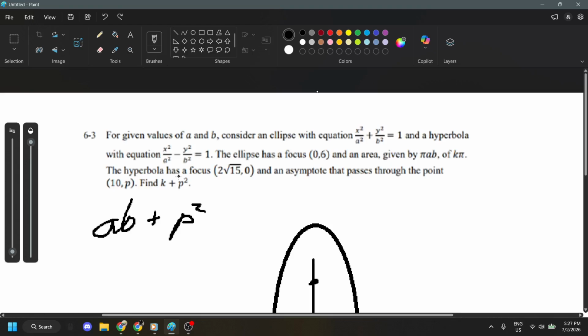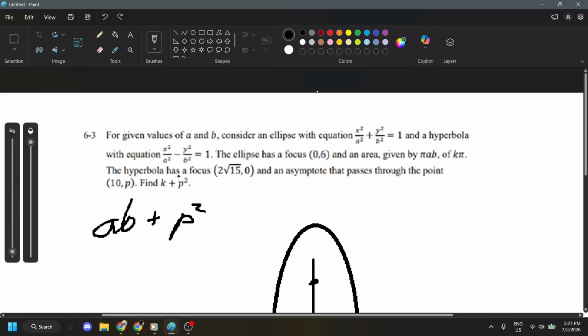Okay guys, honestly, I don't know a lot about conic equations, and I'm just going to look up how to use the focus in the equation because I don't know how to do that, and I'm going to be here forever trying to derive it.